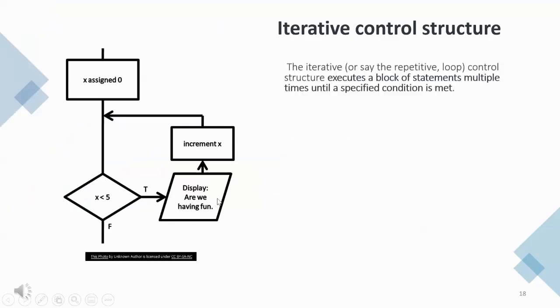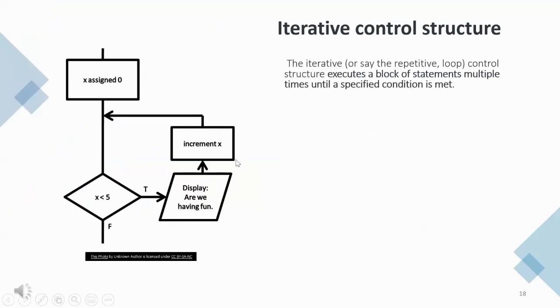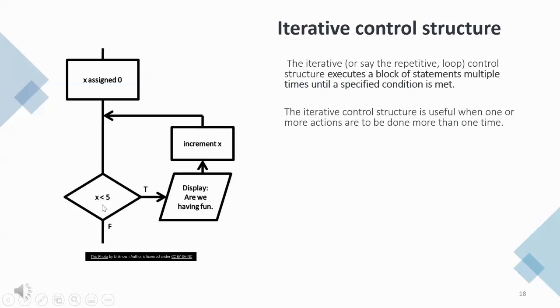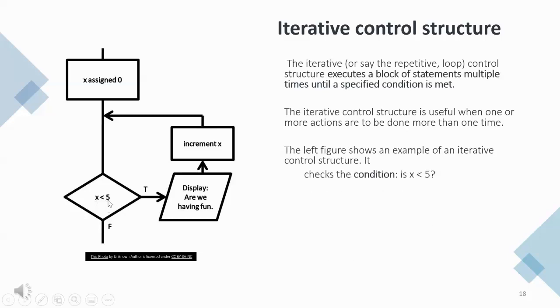The iterative, or repetitive or loop, control structure executes a block of statements multiple times until a specified condition is met. The iterative control structure is useful when one or more actions are to be done more than one time. The left figure shows an example of an iterative control structure. It checks the condition, is x smaller than 5?